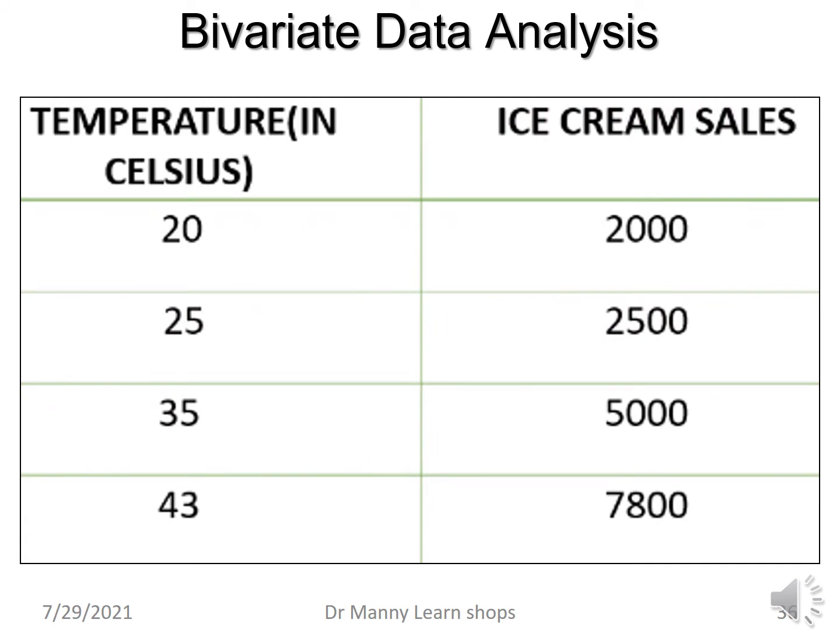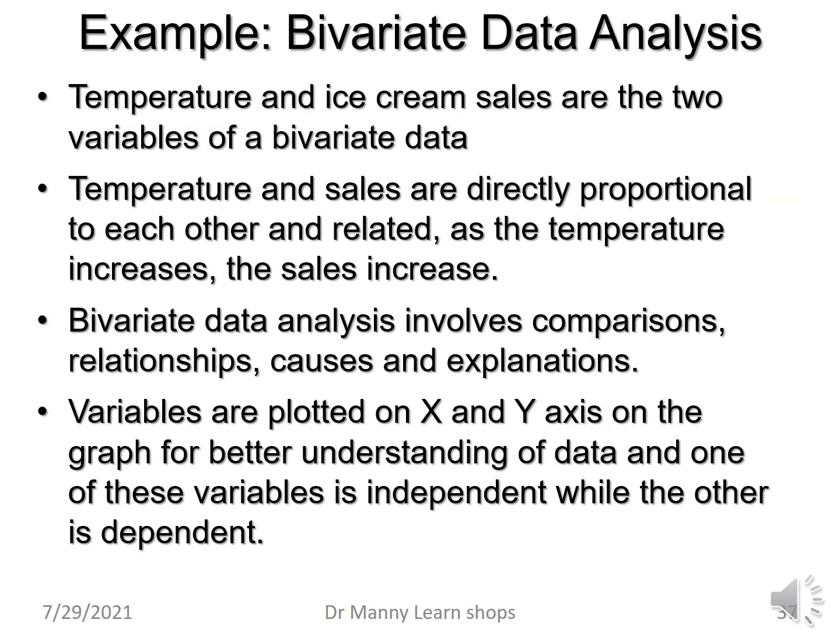Temperature and ice cream sales are the 2 variables of bivariate data. Temperature and sales are directly proportional to each other and related. As the temperature increases, sales increase. It's hot, people want ice cream.